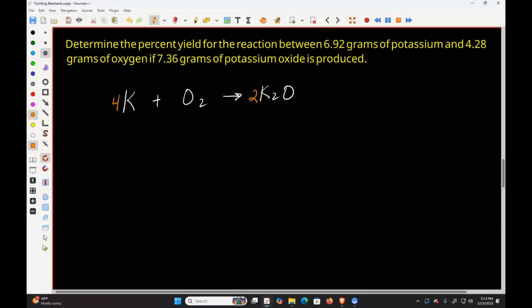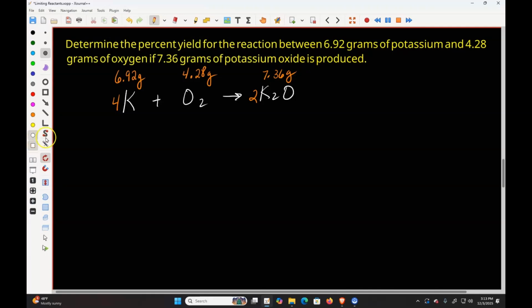I need 4 potassiums, 2 potassium oxides. Just label what we're given. We're given 6.92 grams potassium. We're given 4.28 grams of oxygen. And we're just told that it's producing 7.36 grams of potassium oxide.